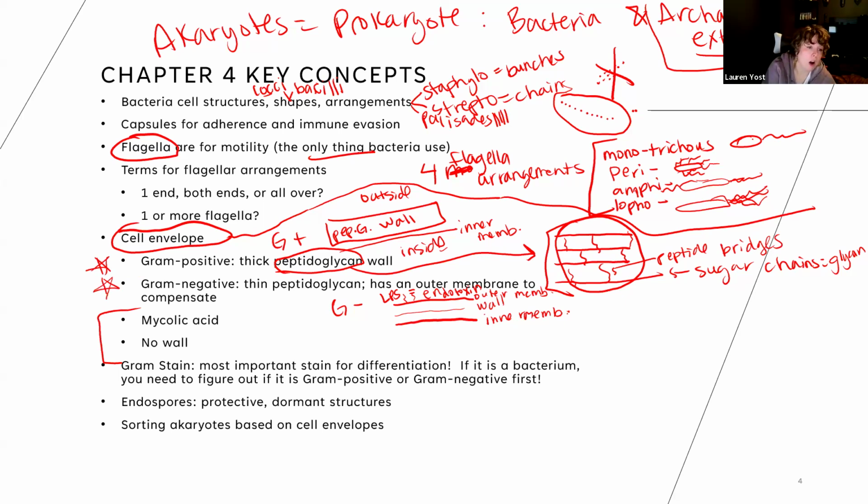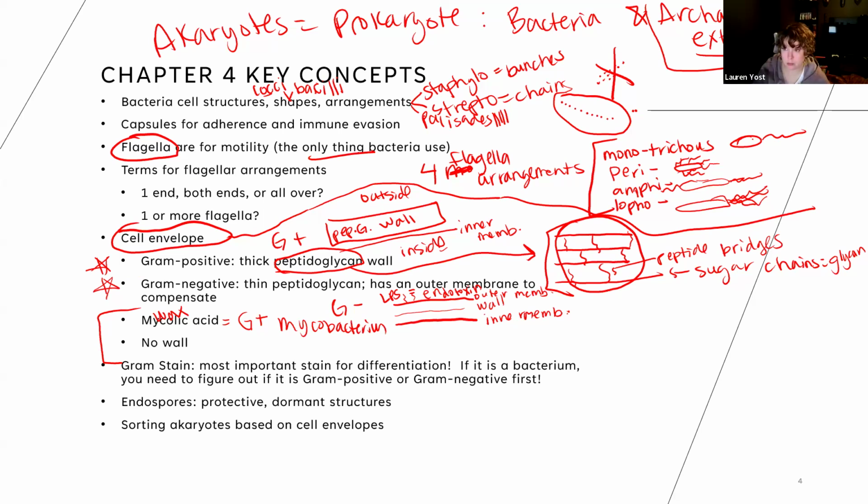All right. Mycolic acid is a feature that only some gram-positives, Mycobacterium, have. It's a special wax, right? It's a lipid that makes these cells more resistant. And it's just a wax that's on the outside of that already thick wall. Okay. Mycobacterium, it'll be in their name.